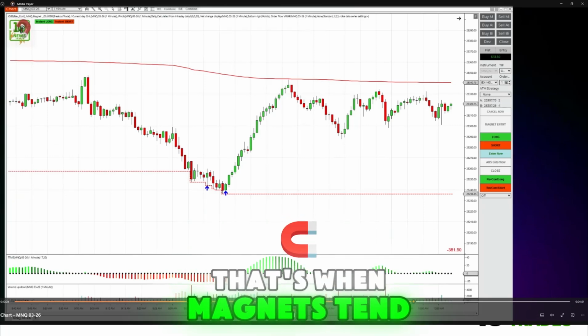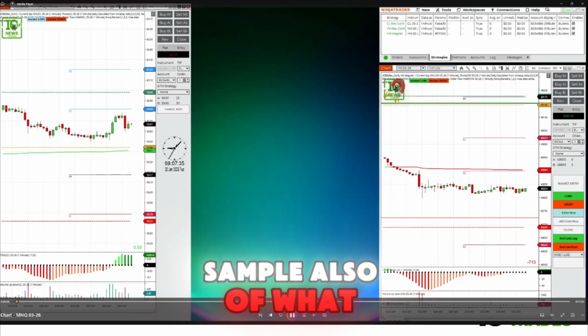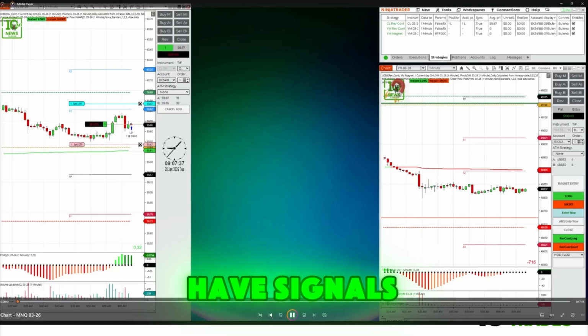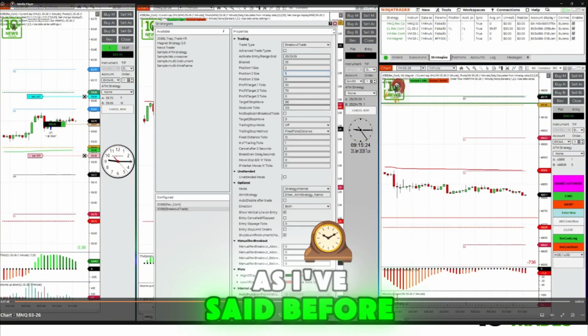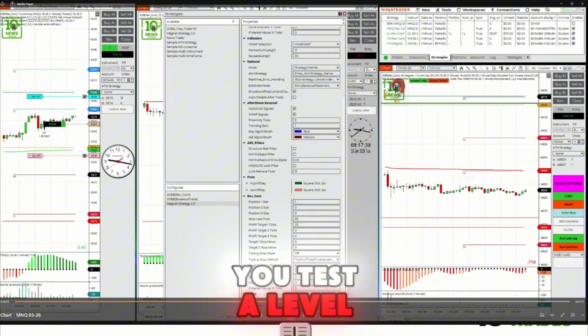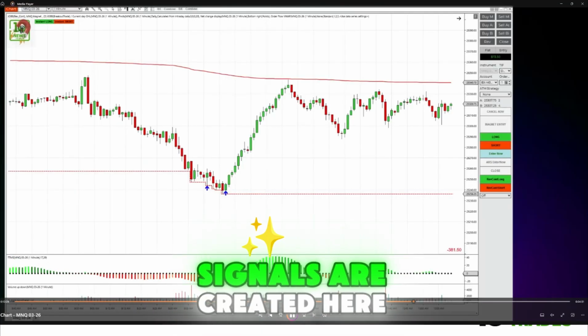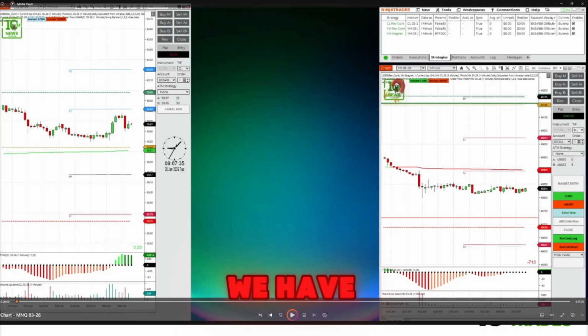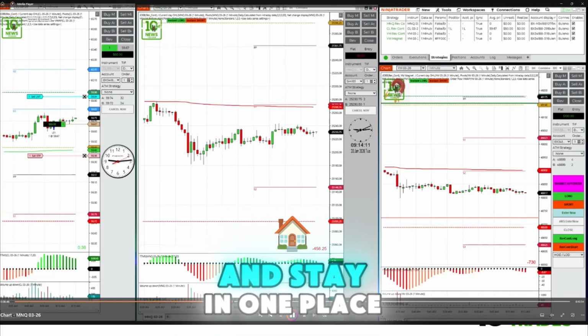That's when magnets tend to be really good, but here is a sample also of what we mean when we have signals. As I've said before, you test a level, and then after you test that level, signals are created.